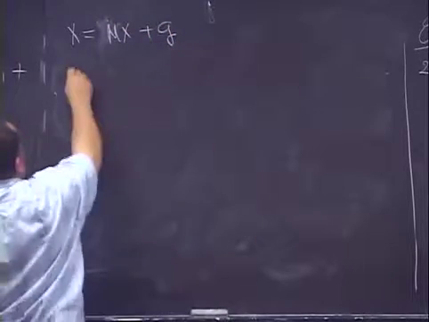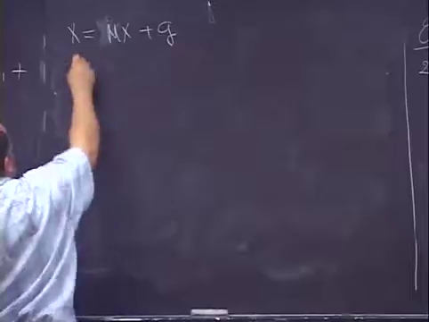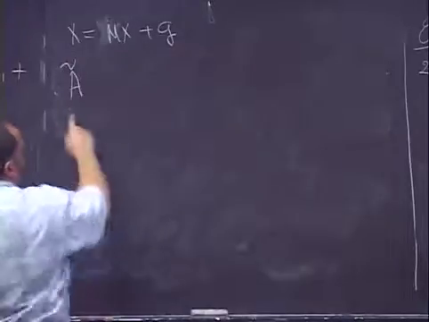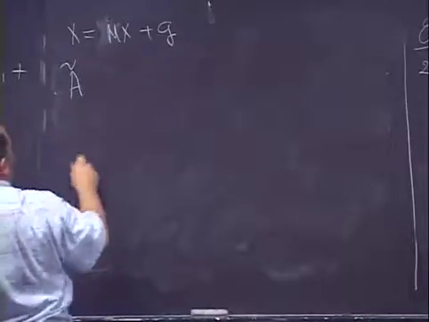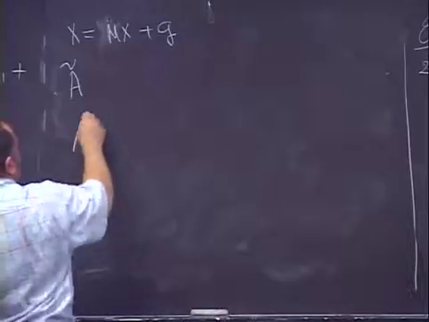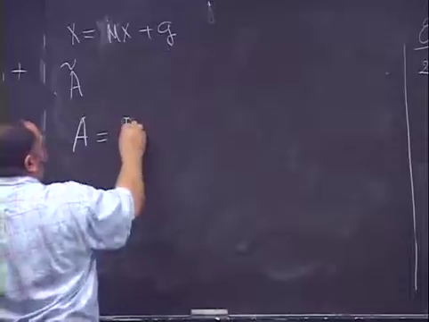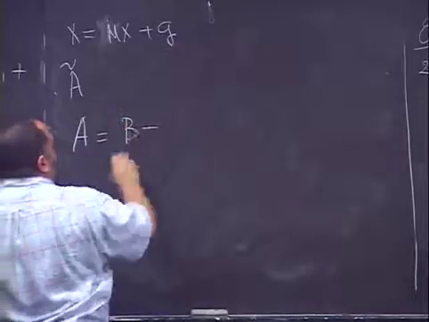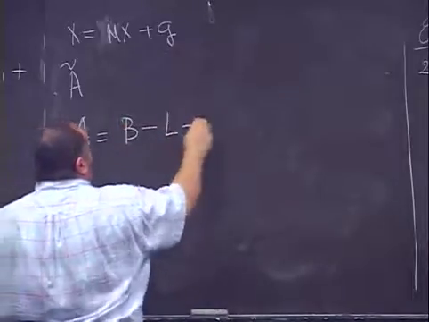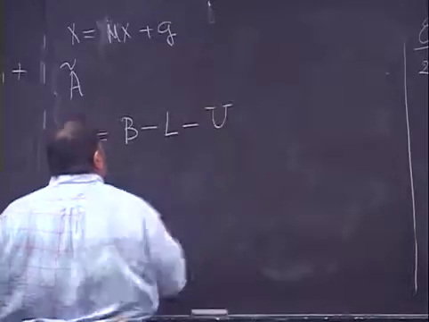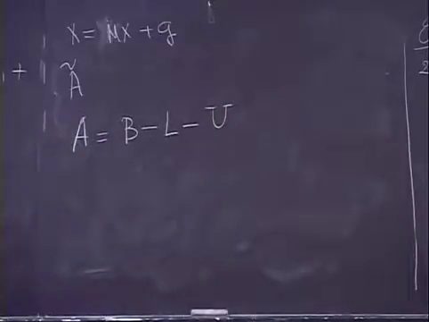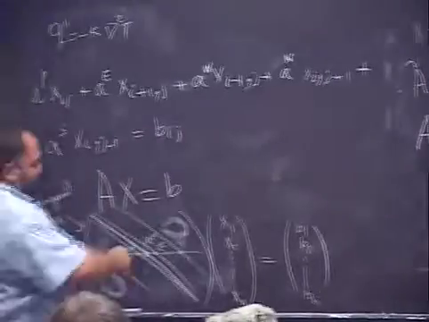So we remember that we need to get A wiggle, and now I will tell you how to choose A wiggle. So A is just our 5 diagonal matrix. I can write it as a diagonal matrix minus lower diagonal minus upper diagonal. So all that you will do is you will take this diagonal here and make it the matrix B, and everything else will be 0.